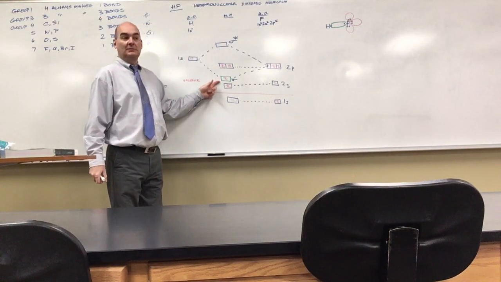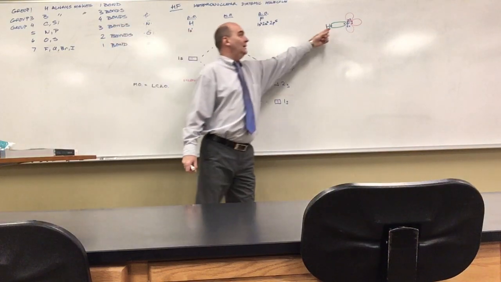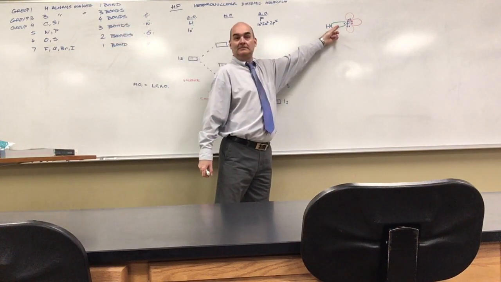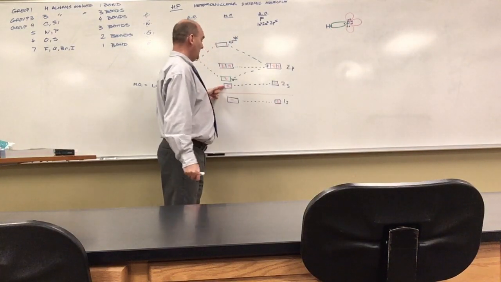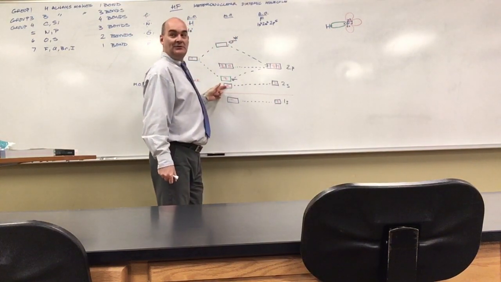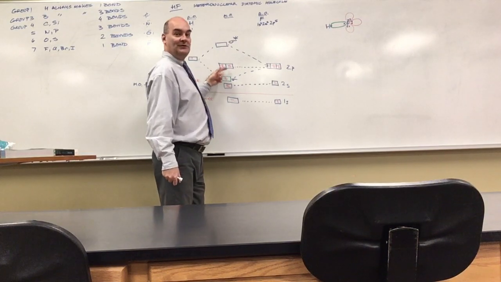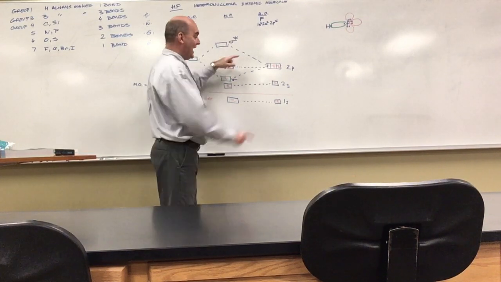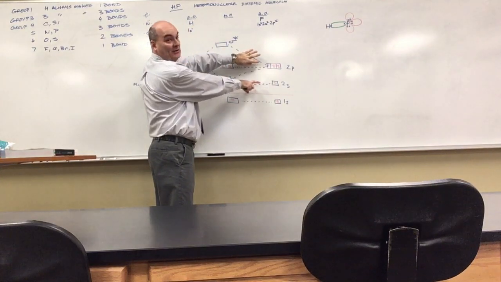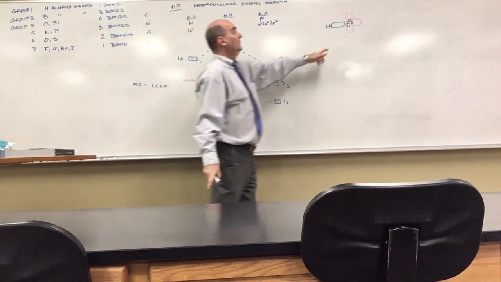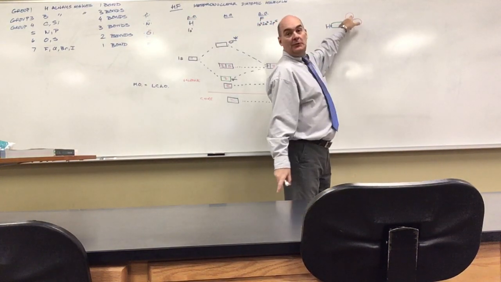These two electrons are the new bond. And then this pair of electrons, and that pair of electrons, and that pair of electrons have not changed in energy because they're not part of the bond.